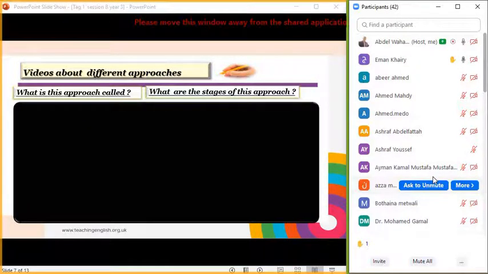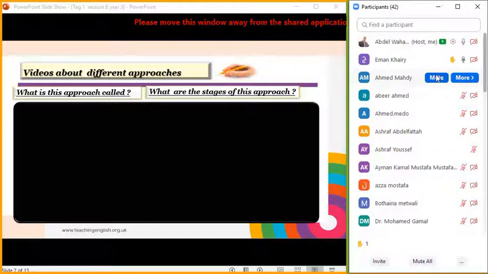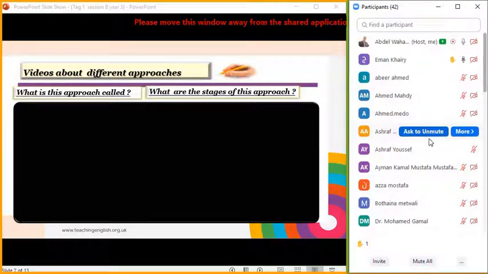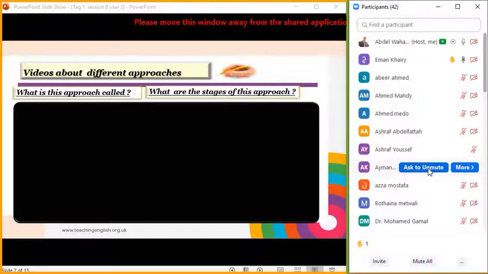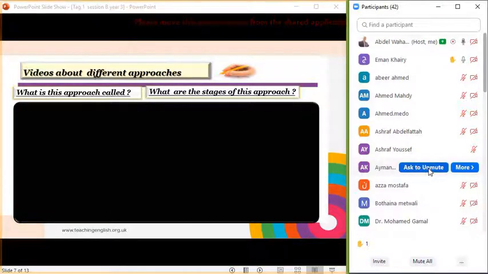The second is a test. It's feedback to know how they are progressing. And fill in the gaps. The last one is freer practice using the target language. Is there anything else? No, okay. Thank you, Miss Iman.